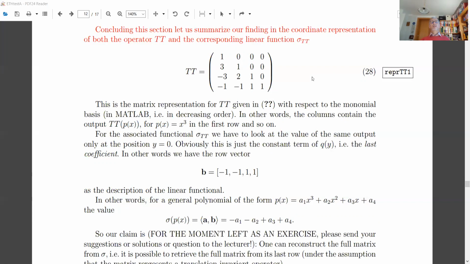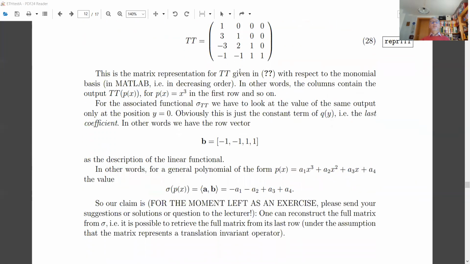So if I insert x to the third into our concrete operation, I get x to the third power, 3x squared, minus 3x, minus 1. So this is the output of the first monomial, the second, the third, and so on.